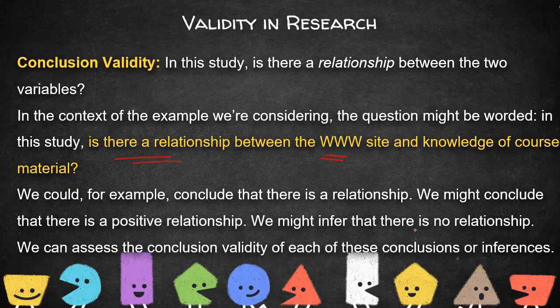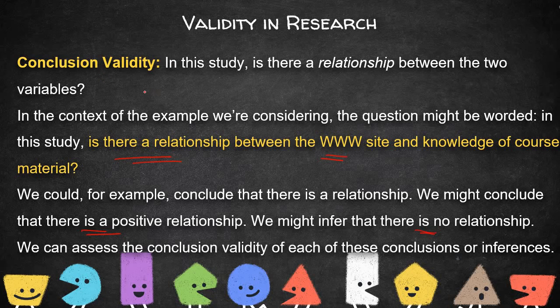If there is no relationship, there is no need to move further, or maybe we have to look into the methods or sample, whether we were not able to find it. Having said this, if there is a relationship, only then we move ahead to another kind of validity.